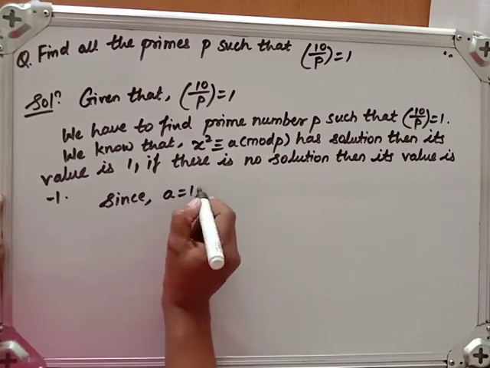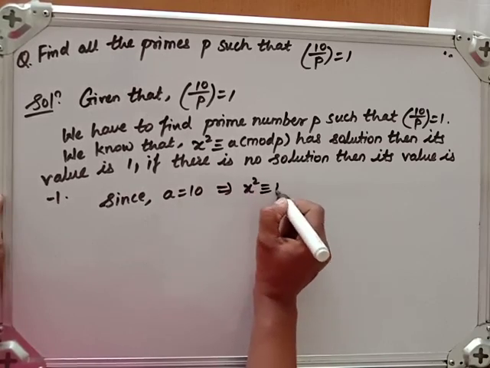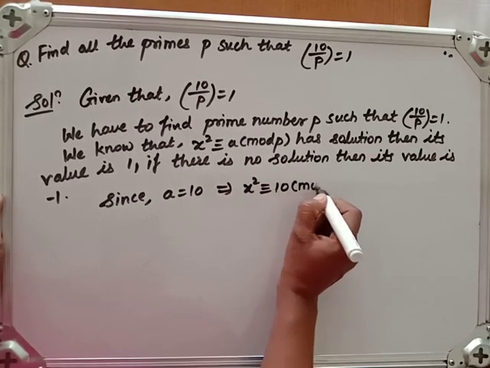Since a is equal to 10, this implies x square congruent to 10 modulo p.